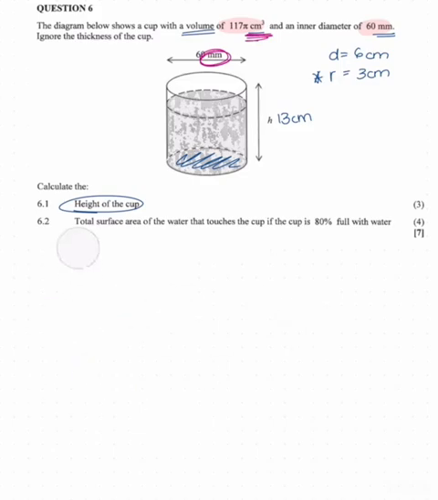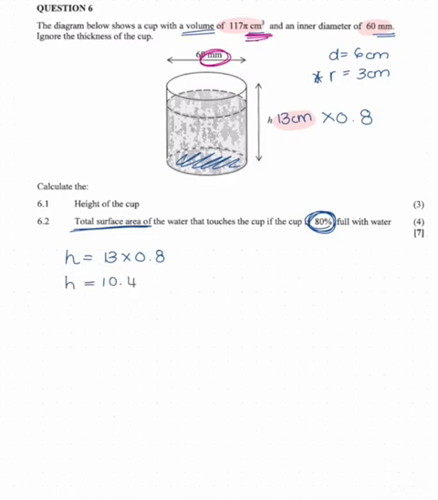They then say to us the total surface area of the water that touches the cup if the cup is 80% full. Okay, so what you have to realize is that your height is now only going to be 80% of that value, right? So our h of our new cup is this 13 times our 0.8. And if we put that into our calculator, we're going to get that it is 10.4. So that is our new height.